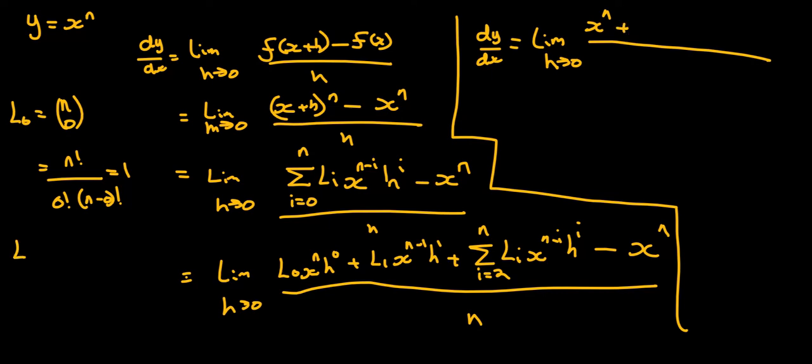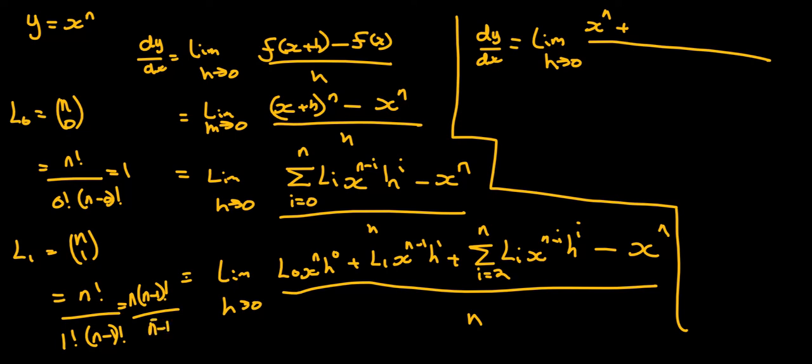What is n choose 1? Well, that is just n factorial over 1 factorial times n minus 1 factorial. I hope you can see that. Let's do it. That is n times n minus 1 factorial over n minus 1 factorial.